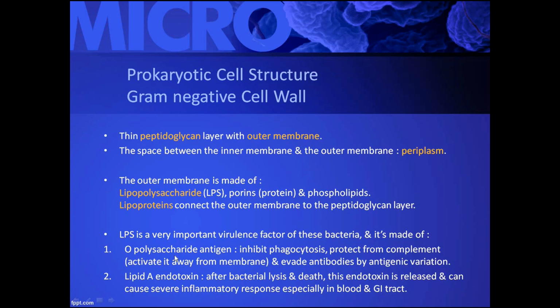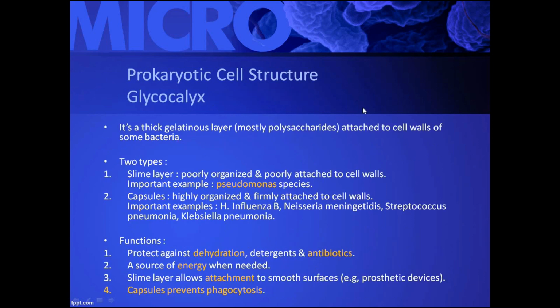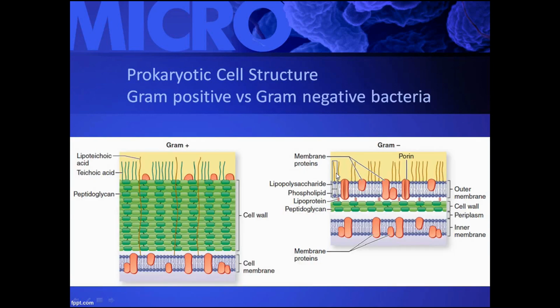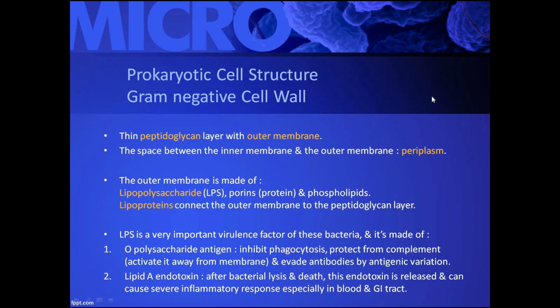So what the O-polysaccharide antigen does, it activates the complement away from the membrane. As we said, it's really long, so it activates it like here and prevents the attachment of the complement to the membrane. So no real threat to the membrane occurs.